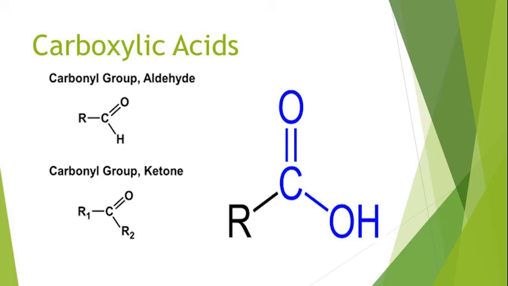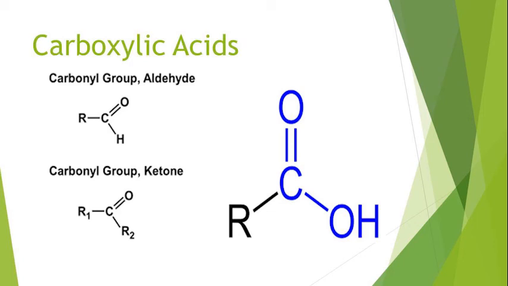I have shown here comparison of aldehyde, ketone and carboxylic group. You can see here that in all of the functional groups, carbonyl group is present. But if you see in aldehyde, carbonyl group is attached from one side with alkyl group but from the other side with hydrogen.